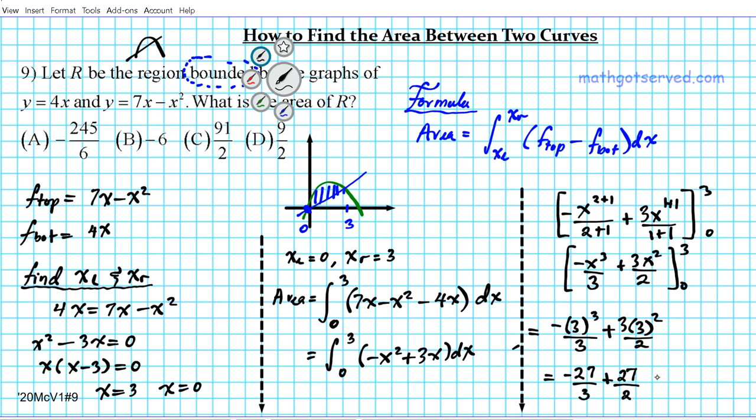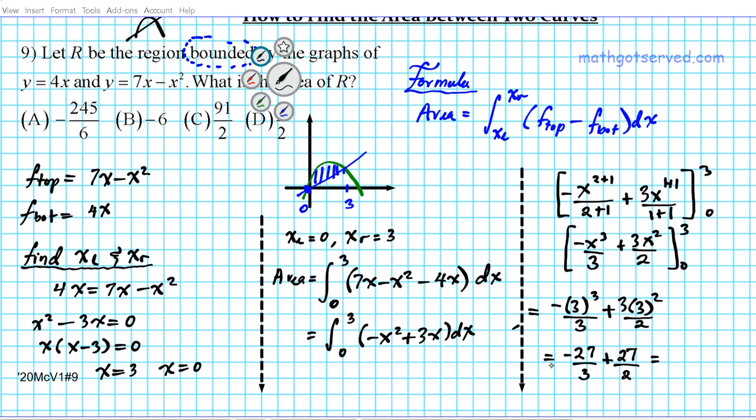And then we can simplify this further. 27 over 3 is 9, so we have negative 9 plus 27 over 2. All right, so make this into a fraction, multiplying this top and bottom by 2.